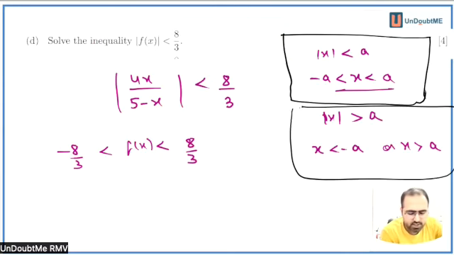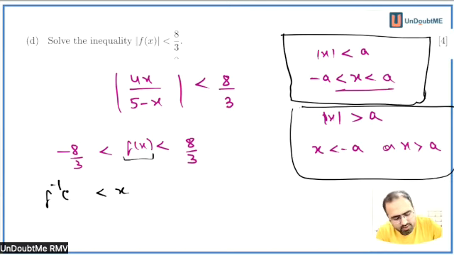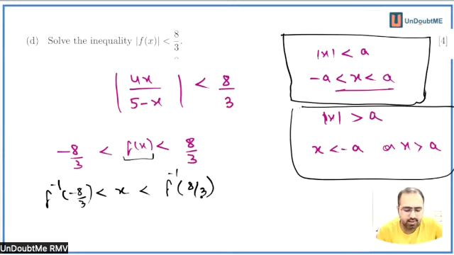Coming back to our question. Now, in this question, the only thing you have to understand is, if f of x is lying between minus 8/3 and 8/3, then if I take f inverse on all the sides, then x should lie between this and this.